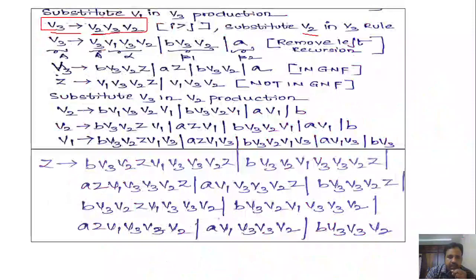And next, if we consider the V3 rule, it will be like this. V3 denotes V3, V1, V3, V2, or B, V3, V2, or small a. So small a is already given in the grammar, right?